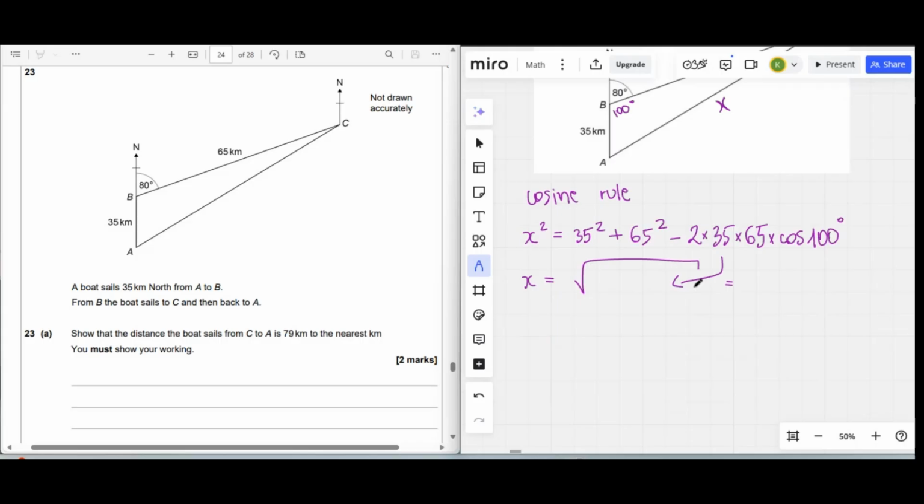So we are starting with the square root, and we should use parentheses.